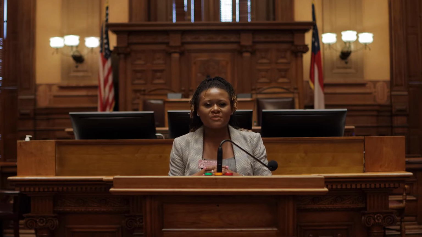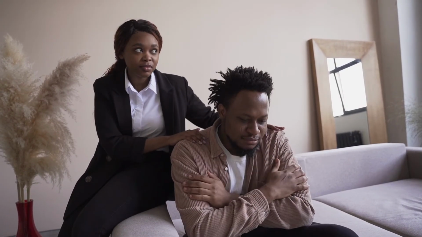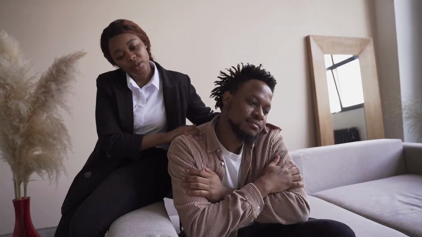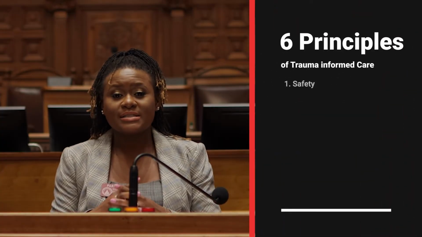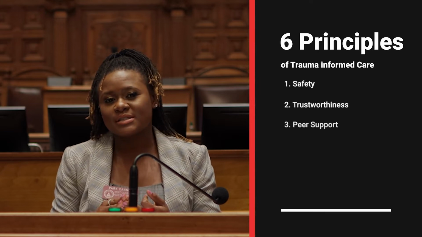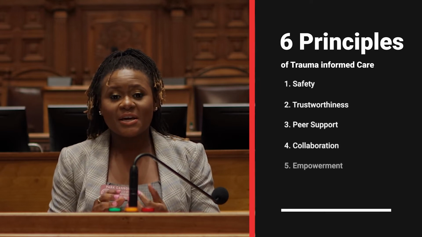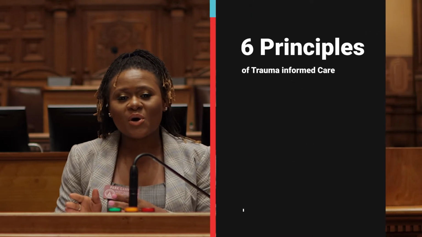It helps us shift our focus from "what's wrong with you" to "what happened to you?" The 6 principles it is informed by are safety, trustworthiness, peer support, collaboration, empowerment, and cultural, gender, or historical factors.